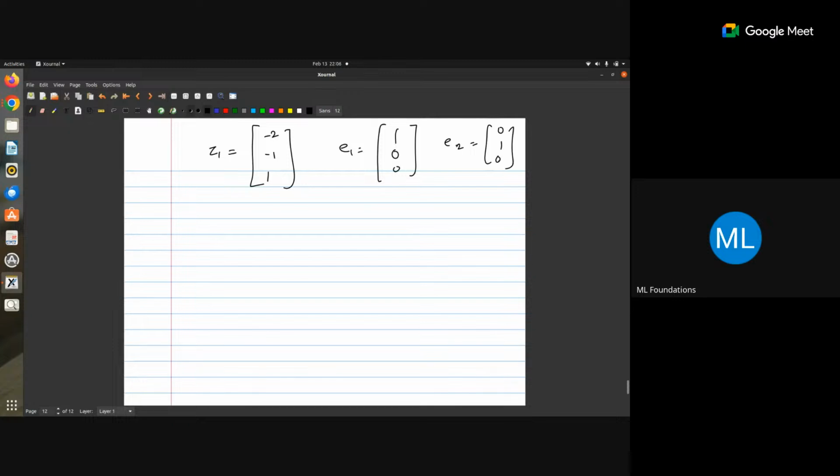Fine. What was the next step? We said we'll find the vectors which are orthonormal to each other by Schmidt's process, right?